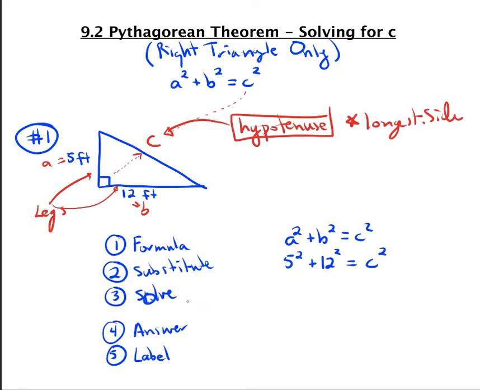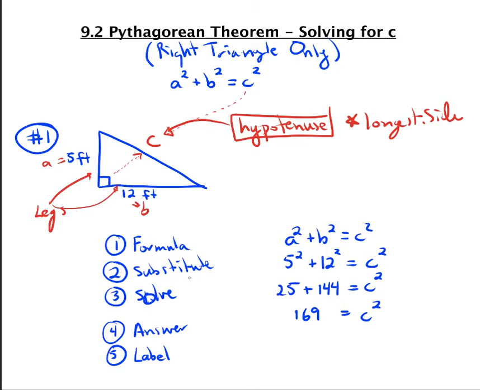So now to solve this, I just take 5 squared, which is 25. So I'm doing a little bit of order of operations. 12 squared is 144. I have to do squared first before I add them. Now in solving, we're just going to bring everything else down. 25 plus 144 is 169 equals c squared. Bring that equals c squared down.